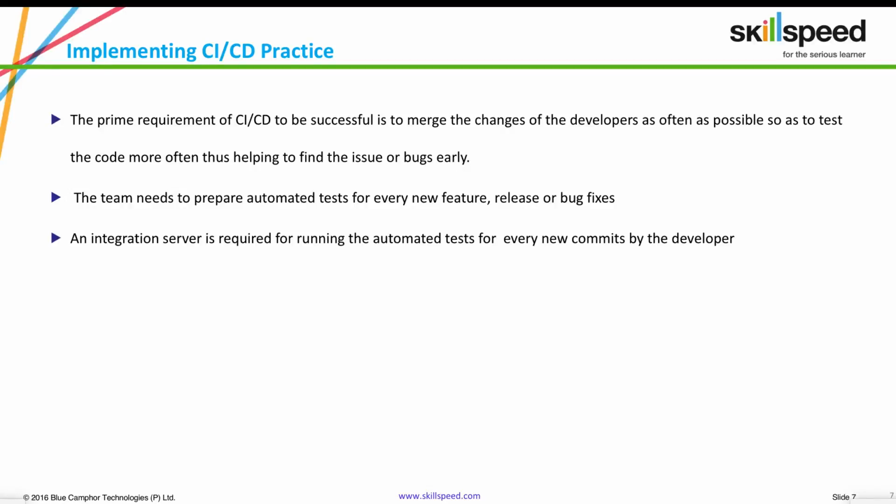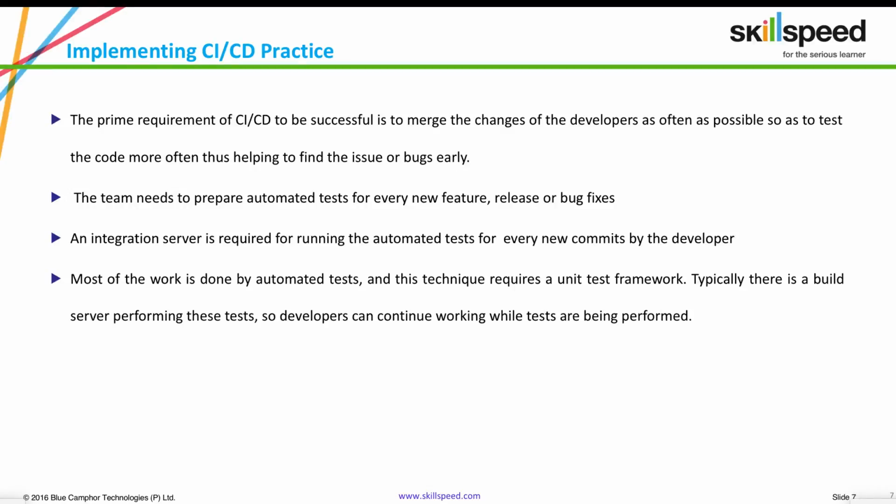One integration server is required, something like Jenkins or Bamboo or TeamCity, for running the automated tests for every new commit by the developer. Most of the work is done by automated tests, and this technique requires a unit test framework. So you need to have a proper testing framework in place, something like Selenium or JUnit. There is a build server performing these tests, so developers can continue working while tests are being performed.